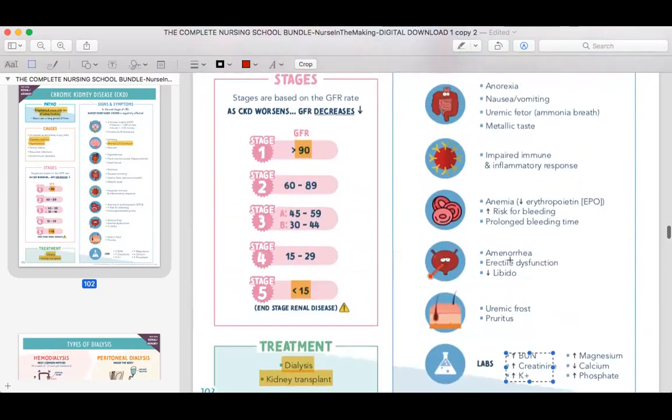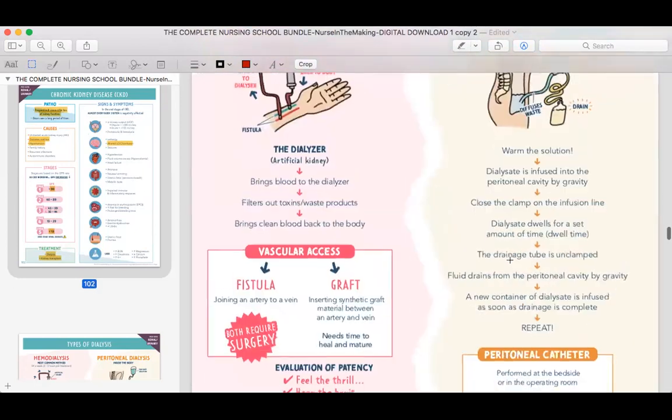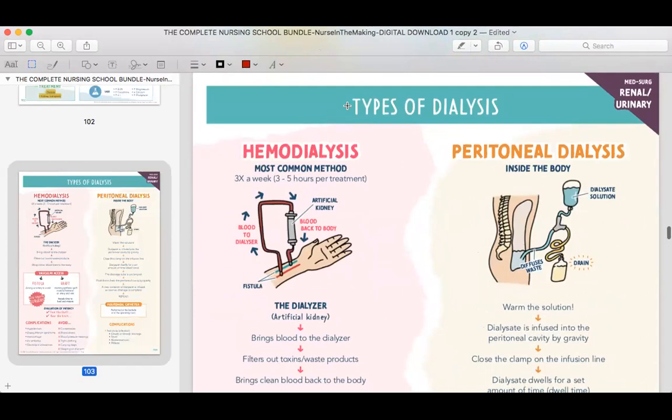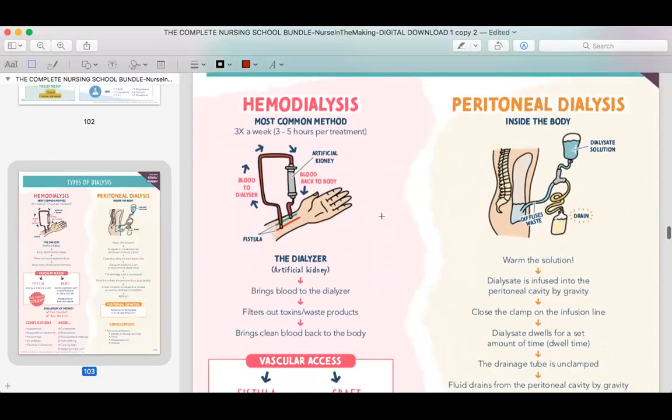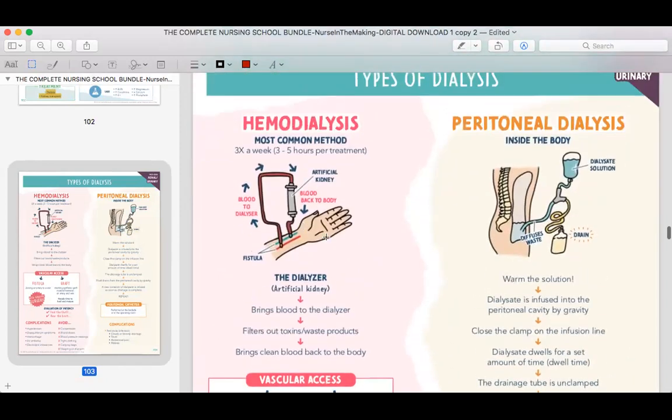But what you have to know, at least for chronic kidney disease, that does show up on ATI would be this. This is important to know because you have two types of dialysis, like we mentioned here: hemodialysis and peritoneal dialysis.